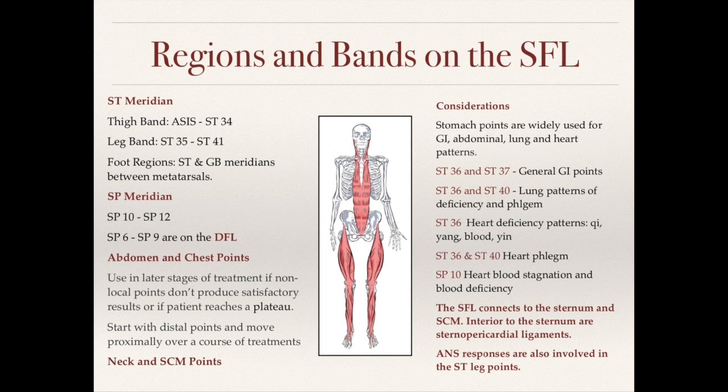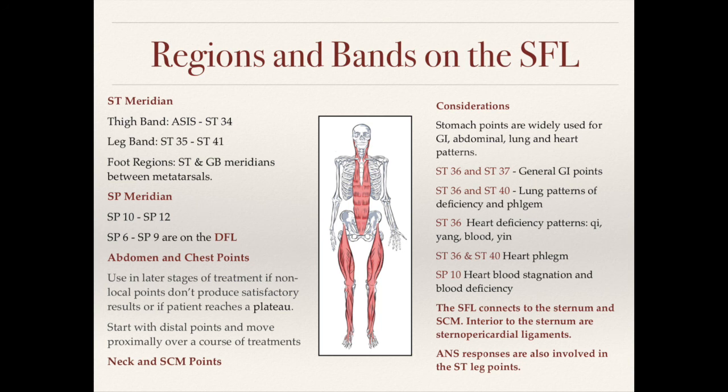I think this is probably one reason why these points on the stomach meridian in particular are used more often than the points on the thigh for treating digestive related conditions, because the points on the leg and the feet are producing a stronger response.